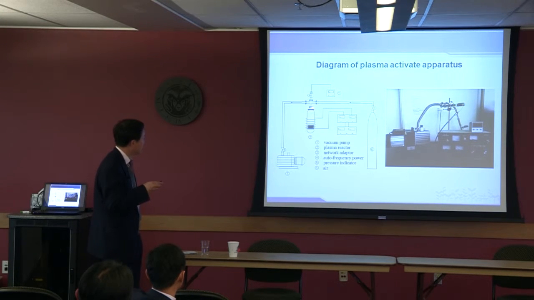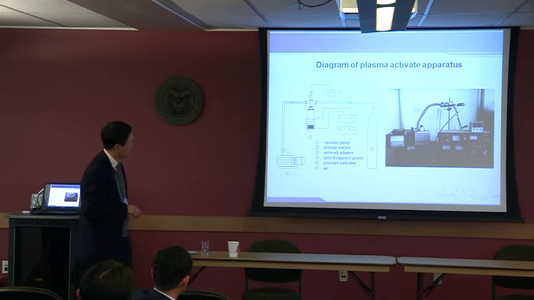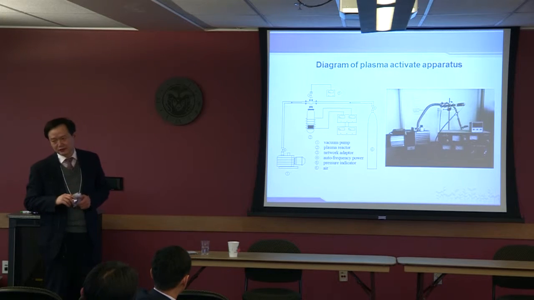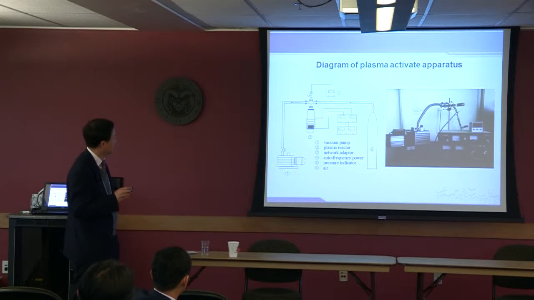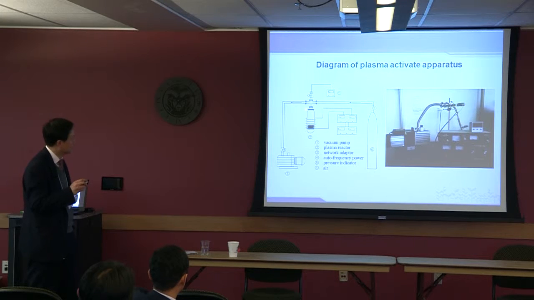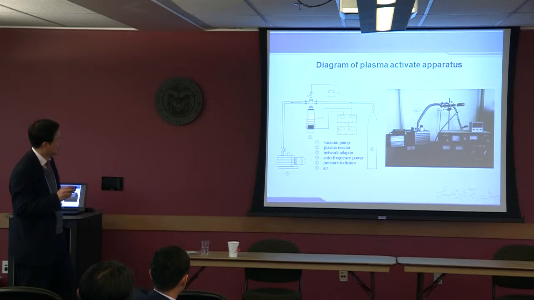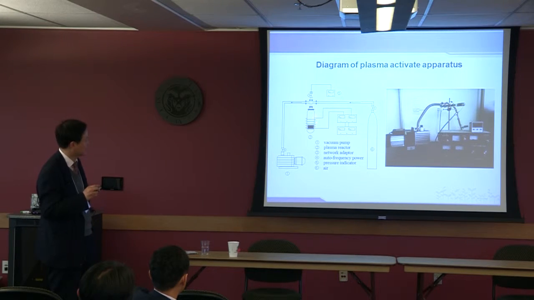Here's the cylinder made of quartz. That's where we put the nanotubes inside. And here we put air inside and keep a vacuum of 10 Pa. Then we start the RF plasma, so it can activate the carbon nanotubes inside the quartz cylinder.